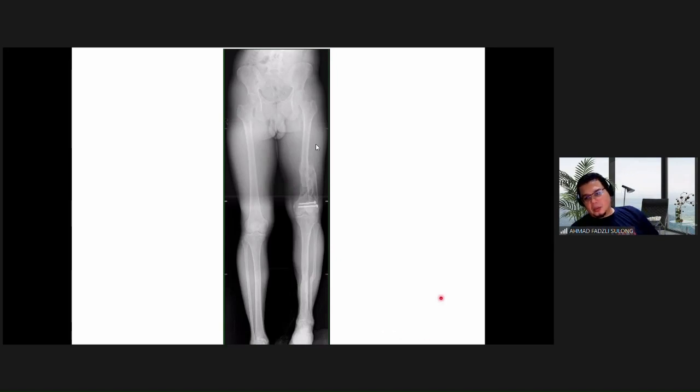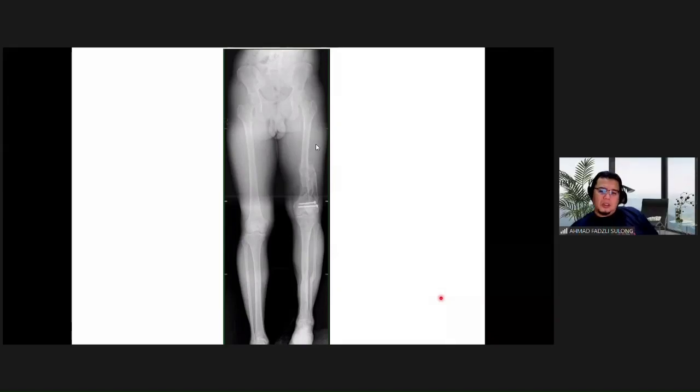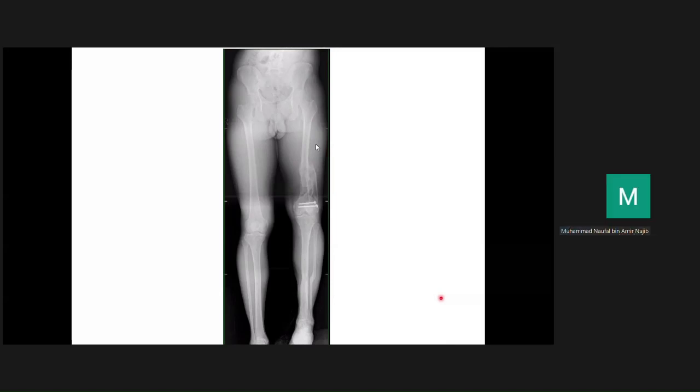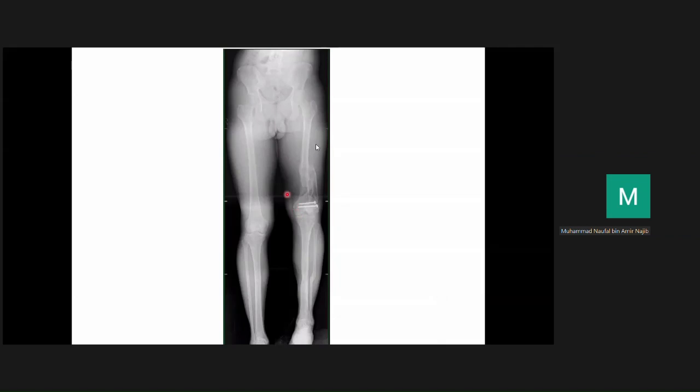There is disruption from the alignment. They unite but not in a good alignment. Okay. So the bone is united, however, is not in the appropriate position, right? Okay. All right. Anything else?